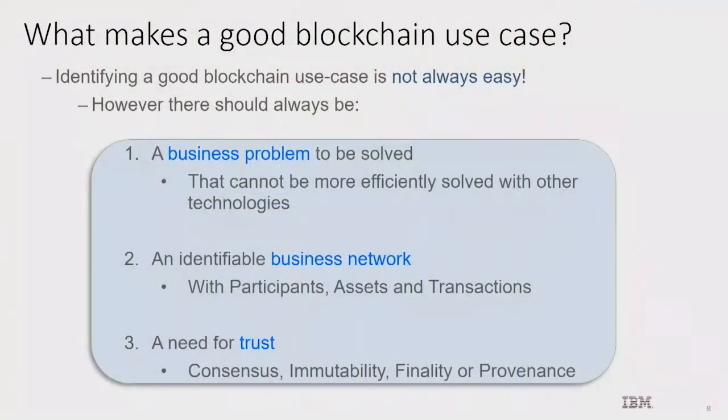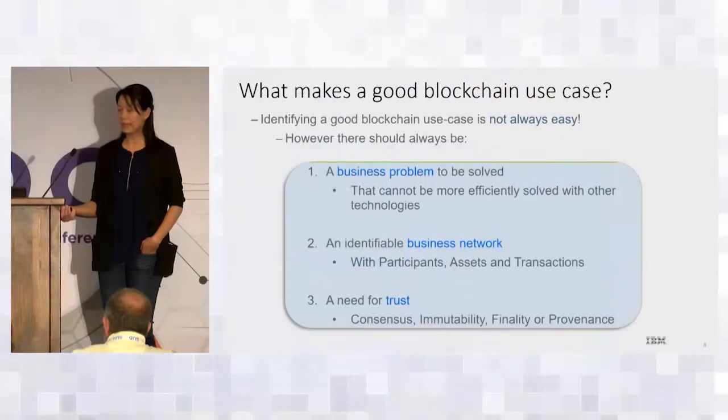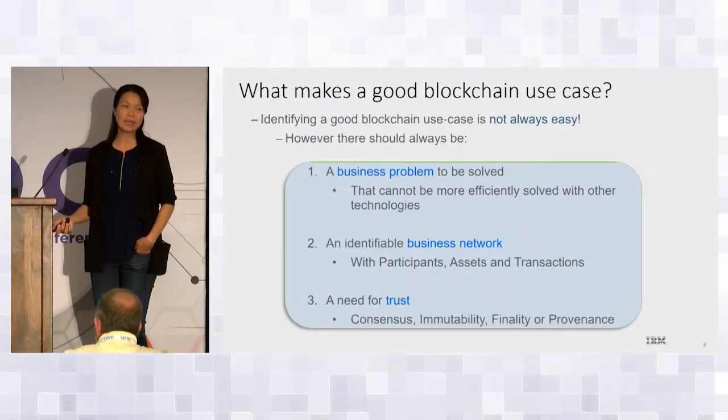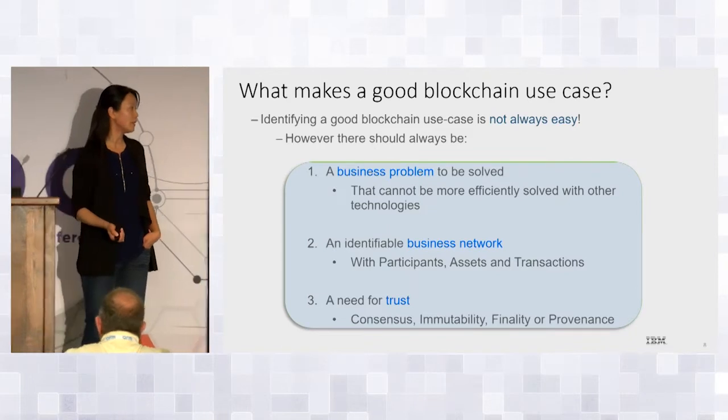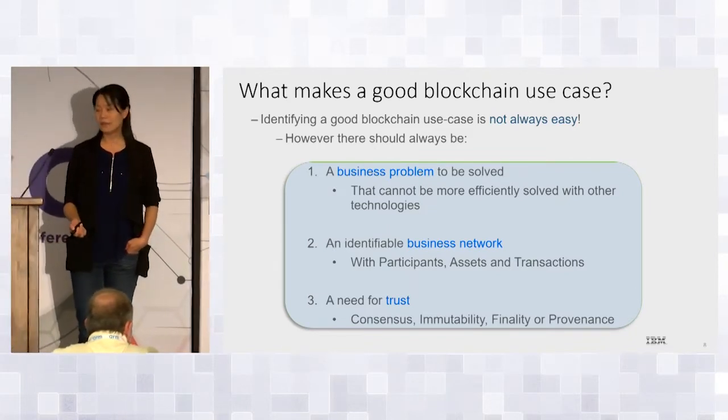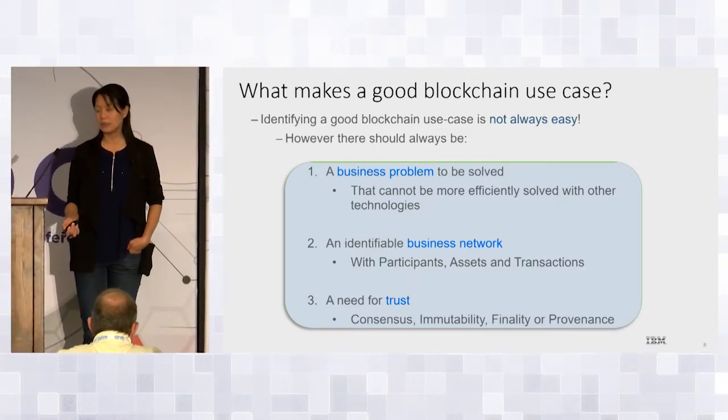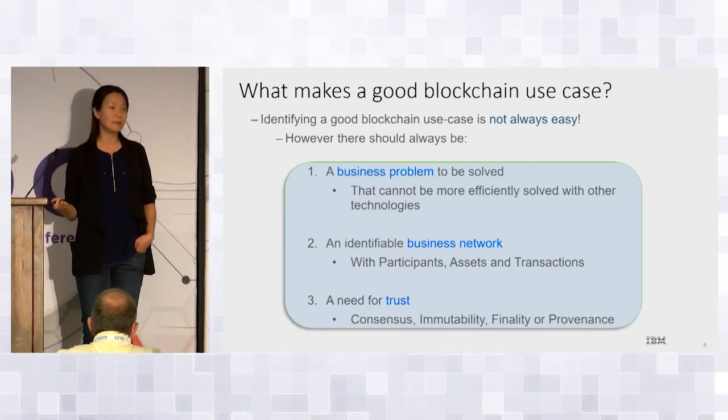What really makes a good blockchain use case is actually very simple. You really need to have a problem to solve, a real business problem. But that real business problem needs to be evaluated closely to make sure you don't have any alternative solution, because a typical distributed ledger technology can maybe do the same thing.